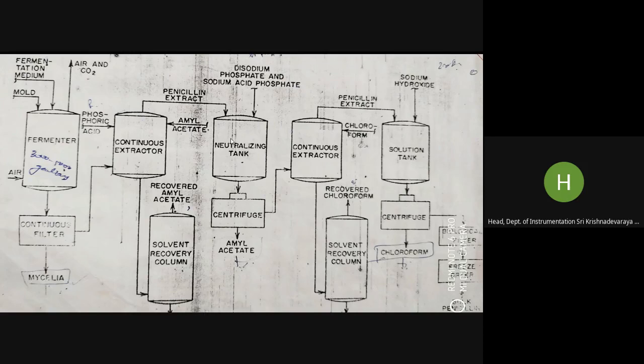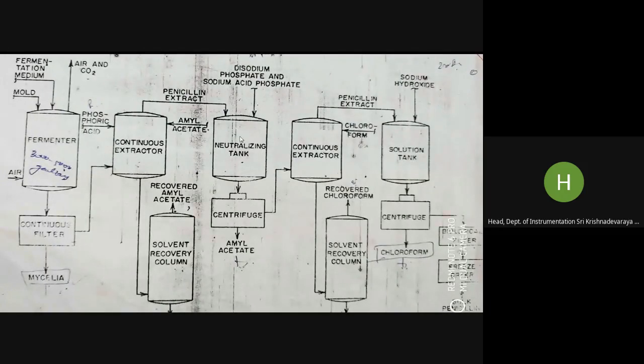The raffinate containing the water-soluble impurities and some of the solvent is sent to the solvent recovery column, where it is further processed. The amyl acetate is removed here, and the waste goes to the bottom. The penicillin containing extract is then channeled to a neutralizing tank, where a buffer solution of disodium phosphate and sodium acid phosphate is added.